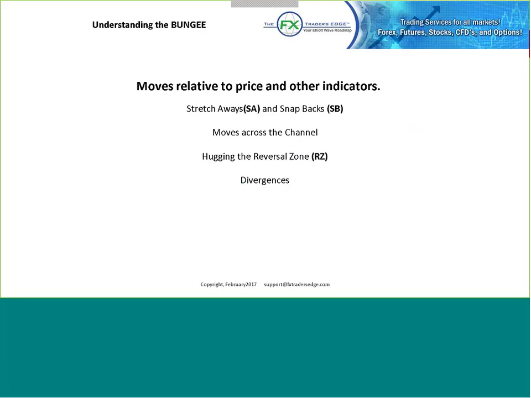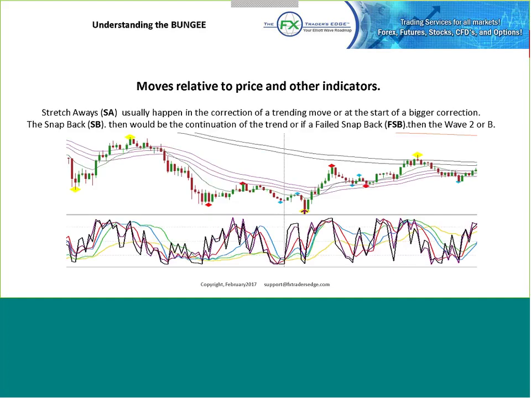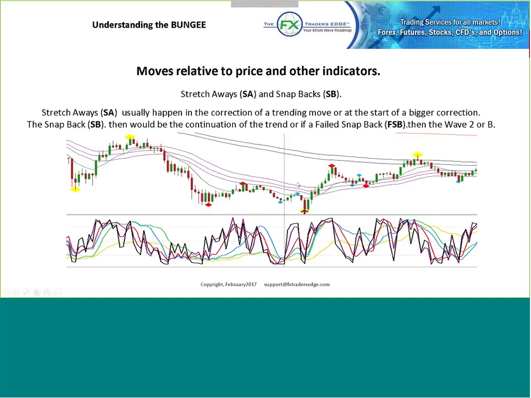So, moves relative to price and other indicators. Well, we've already looked at stretchaways and snapbacks. Stretchaways involving the red and the blue tend to come back to the wave. And stretchaways usually happen as part of the correction of a trending move.